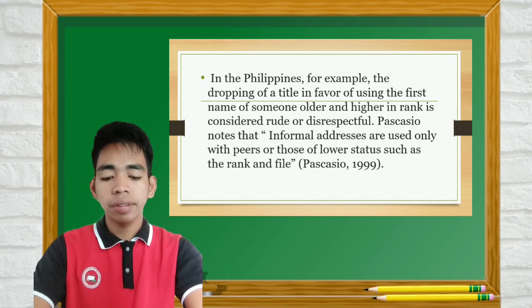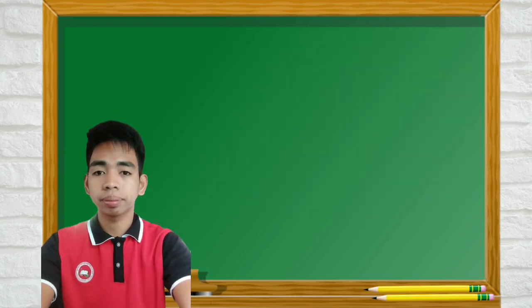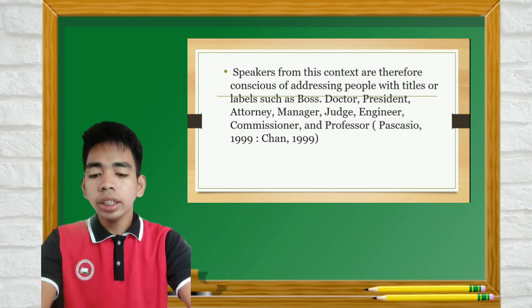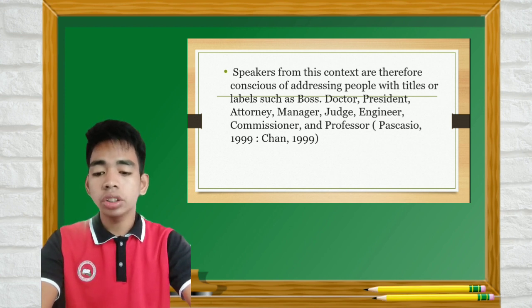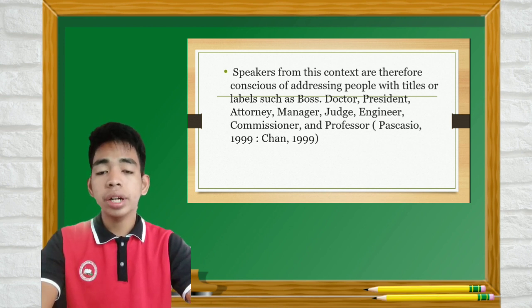Pascasio notes that informal addresses are used only with peers or those of lower status such as the rank and file. Speakers from this context are therefore conscious of addressing people with titles or labels such as boss, doctor, president, attorney, manager, judge, engineer, commissioner, and professor.